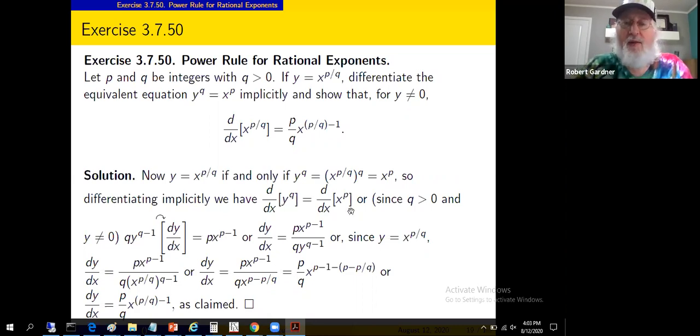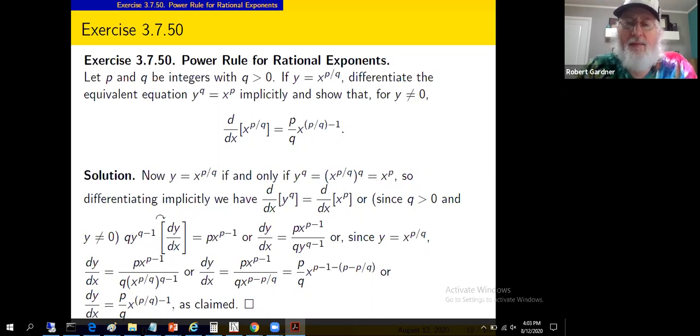So differentiating implicitly, we get this equation. There's the thing we're looking for. So all we've got to do is get this stuff out of the way and simplify. So divide both sides by q y to the q minus 1. That'll give us dy dx equals the right-hand side divided by q y to the q minus 1.